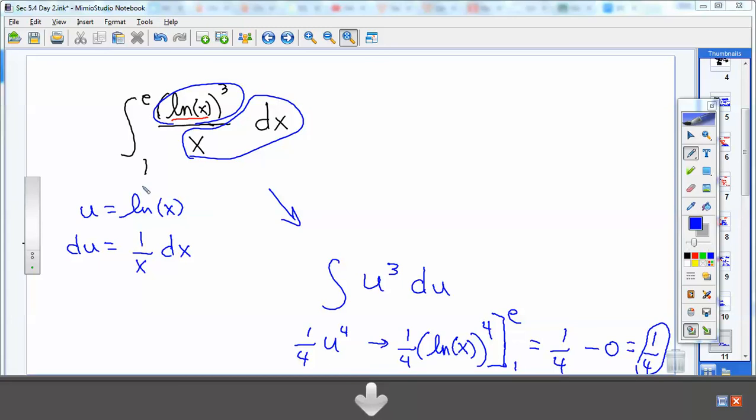Now, let's talk about something here. So once we get 1/4 u to the 4th, there's no need to put the plus C on, right? Because I'm about to do fundamental theorem part 2 here and subtract these, so we don't need the plus C, so I left that off. So it's 1/4 u to the 4th, but now you have an option. Once you get to 1/4 u to the 4th, you can either stay with u's or you can go back to x's.